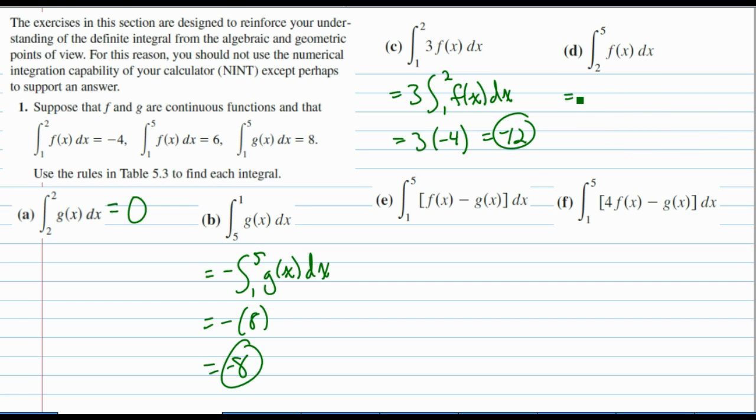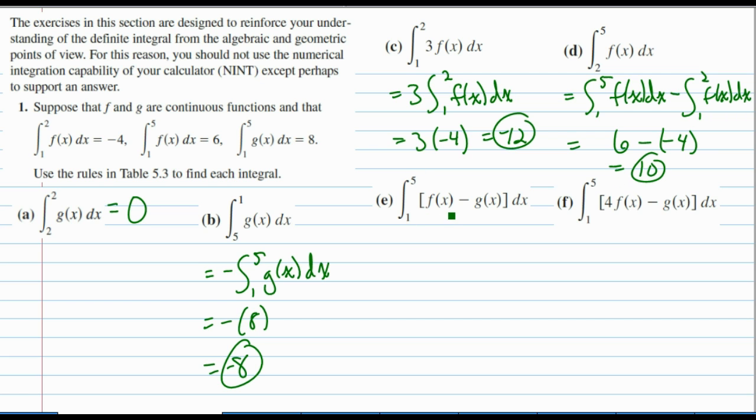So I'm going to take the integral from 1 to 5 of f of x dx, and I'm going to subtract the integral from 1 to 2 of f of x dx, and that's going to leave me with the signed area between 2 and 5. Okay, so that would be 6 minus negative 4, so that's 10.